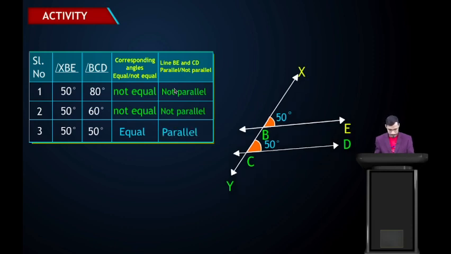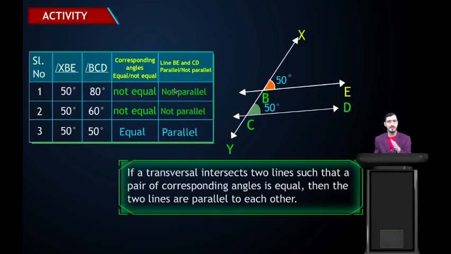So remember always: if a transversal intersects two lines such that a pair of corresponding angles is equal, then the two lines are parallel to each other. So remember always this point.